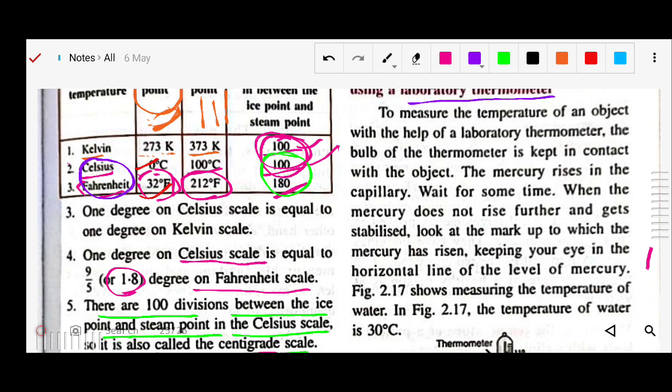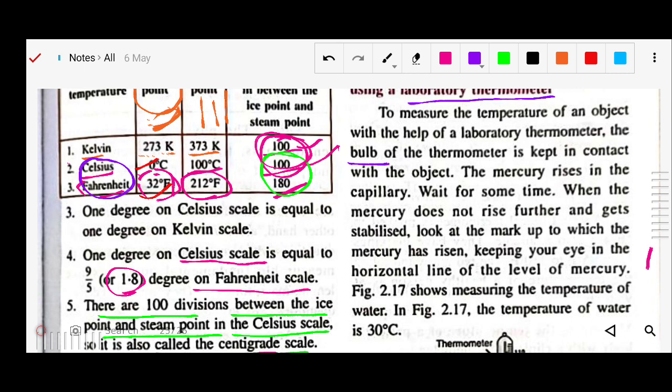Wait some time until the mercury does not rise further and gets stabilized. Whenever you are measuring any temperature, first of all you have to put the bulb of the mercury thermometer into the object whose temperature you have to measure.